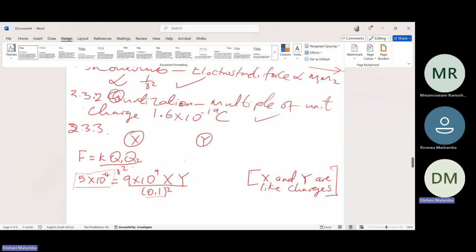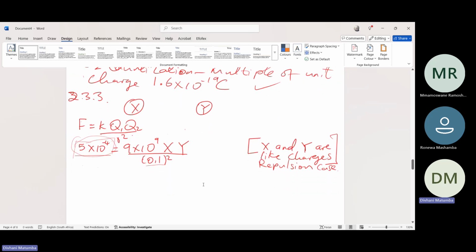Positive times positive is positive. And even if they are negative, negative times negative will give us a positive. So the only time this force will be positive is when we are talking about a repulsion. This is the repulsion case. We have two cases. We're going to have to solve two cases. The first case is the repulsion case.